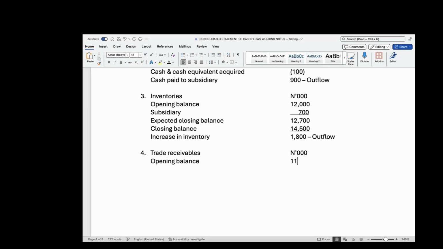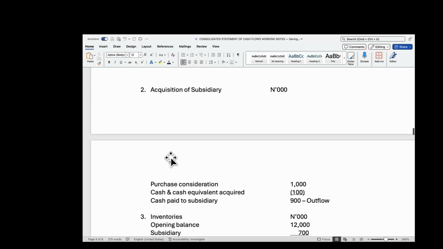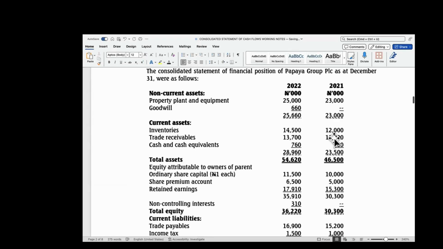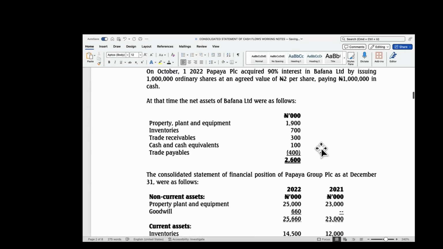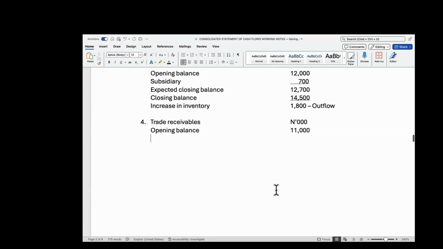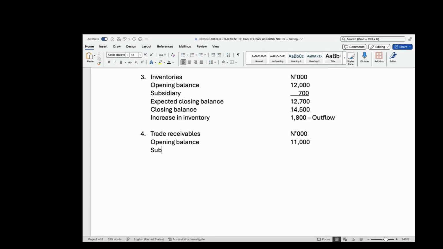So what's the balance of my trade receivables? I think I saw 11 million. Yes, 11 million. And the subsidiary would have been included. That's 300, so subsidiary 300.